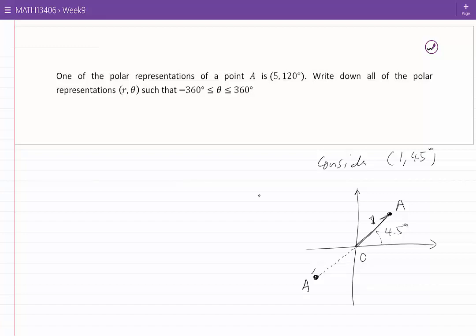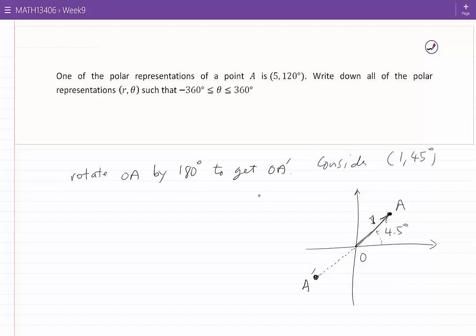One way is to think that if we rotate OA by 180 degrees, we would get OA prime.